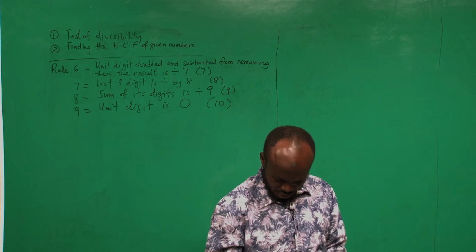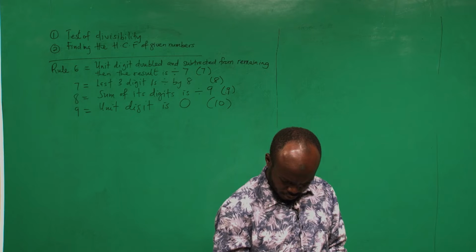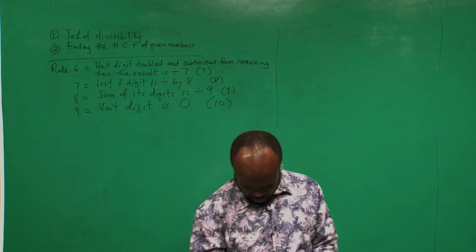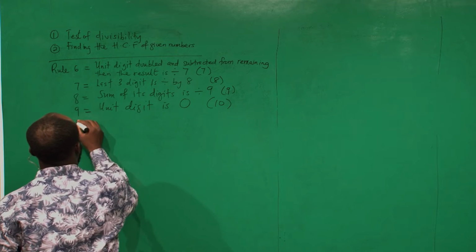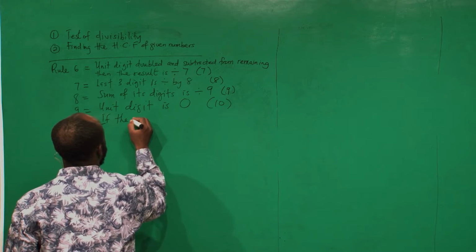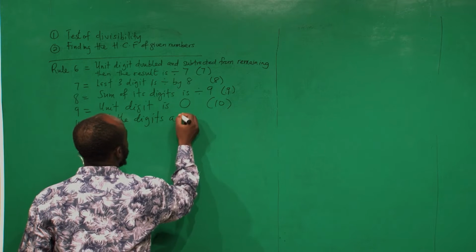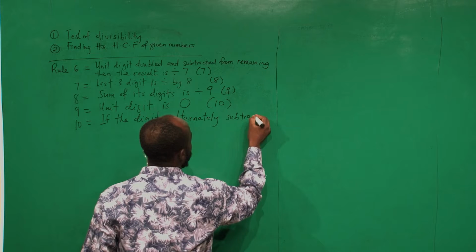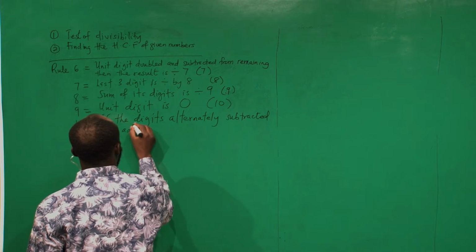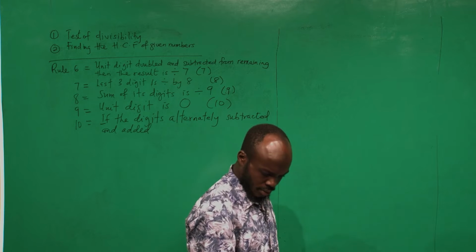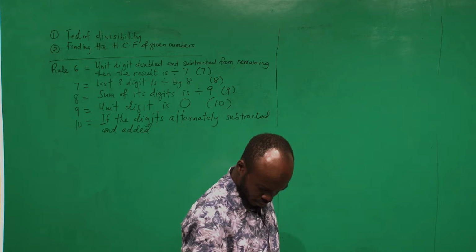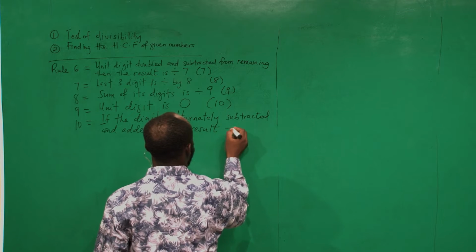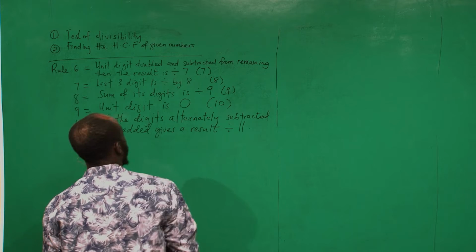And for 11, the last one, if the digits are alternately subtracted and added. So that is the last 5 rules.